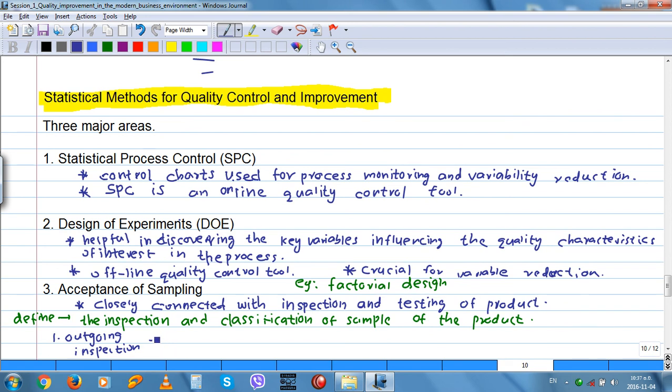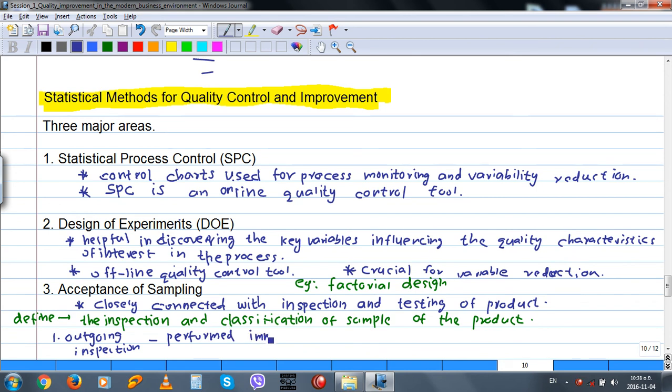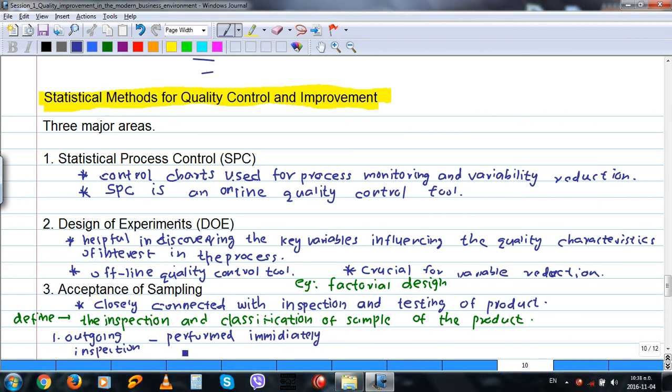That's called outgoing inspection, performed immediately following production.